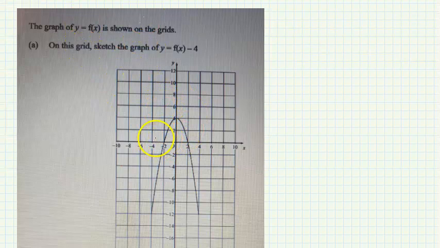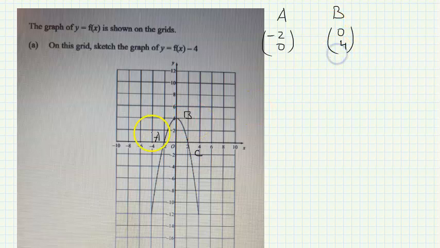So this is coordinate A, this is coordinate B, and this is coordinate C. The coordinate A is minus 2, 0. Coordinate B is x is 0, y is 4. And the coordinate C is x is 2 and y is 0.